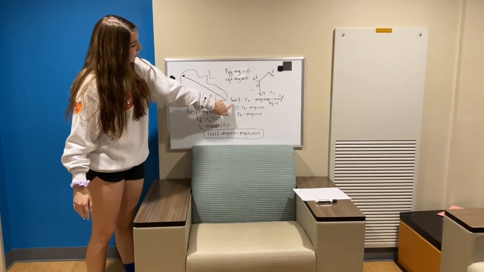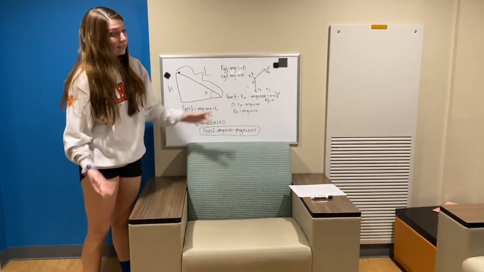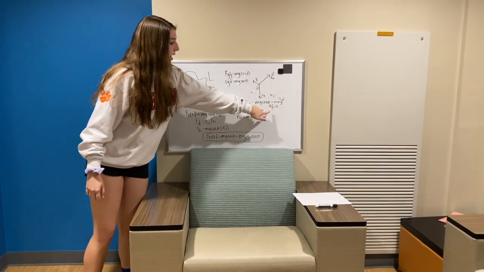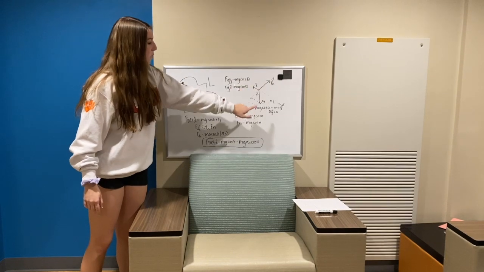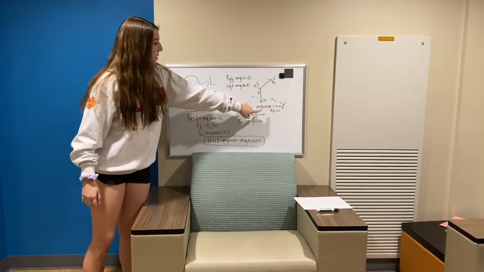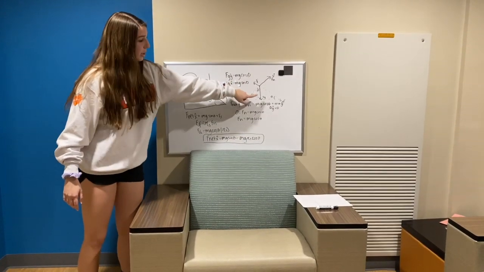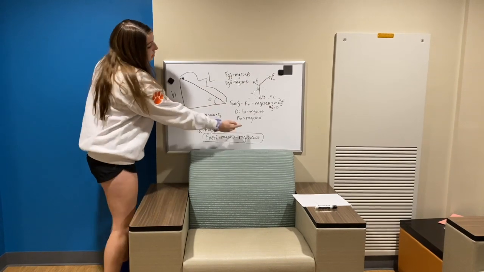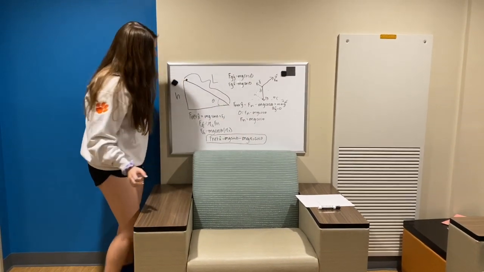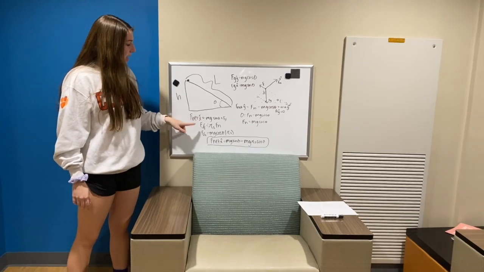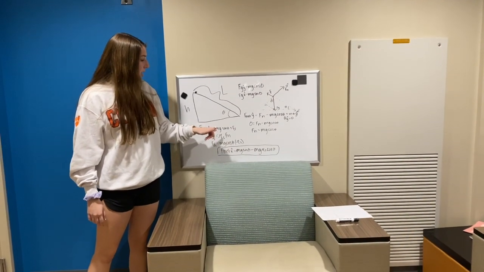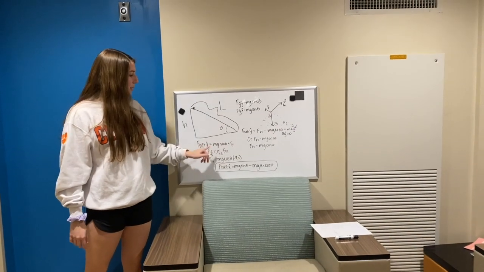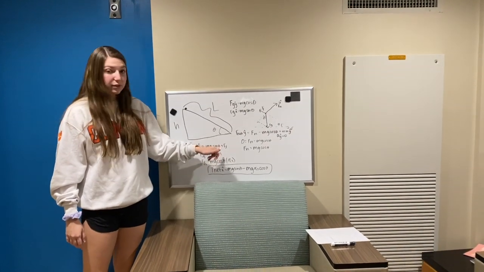So we derived a few equations here. We know that the force net in the y direction is 0 because the acceleration in the y direction is 0. So it has to be the force normal minus the mg cosine theta that we got from our trig. So force normal equals mg cosine theta. The net force in the x direction is equal to the x component of the force gravity, which is mg sine theta, minus the force friction.